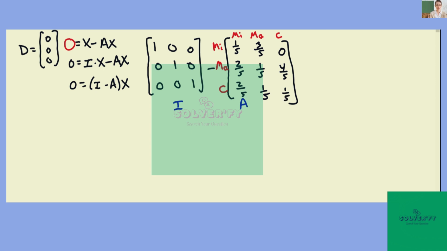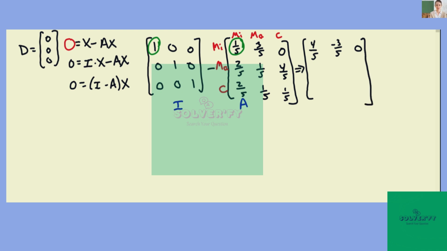So let's do this subtraction. As a reminder, when we do matrix addition and subtraction, we're going to be looking at corresponding elements. So let's go across the first row. 1 minus 1/5 is 4/5. Let's keep going. 0 minus 3/5 is negative 3/5. 0 minus 0.